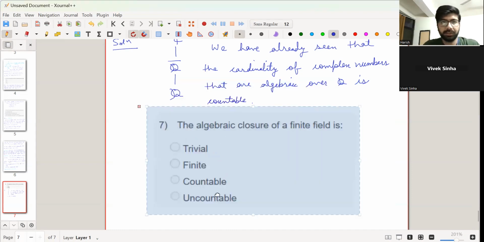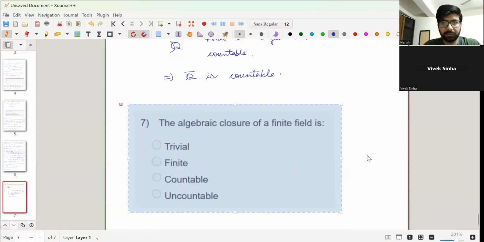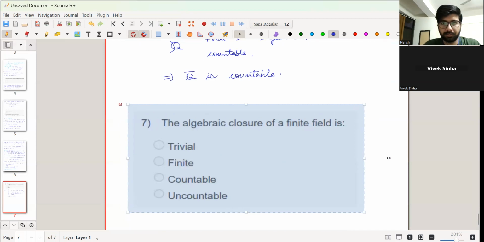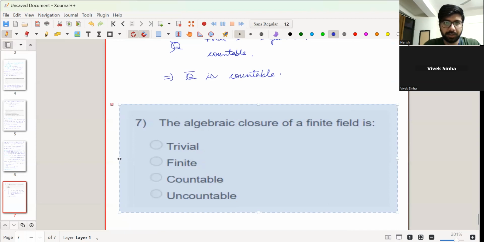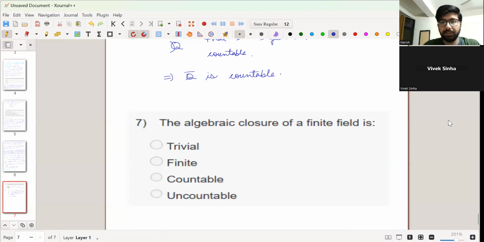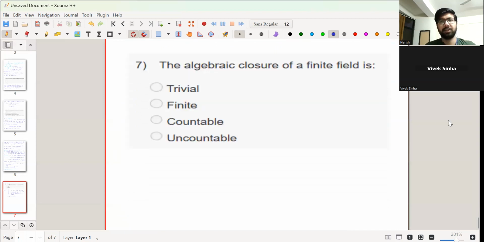Next question says the algebraic closure of a finite field is trivial, finite, uncountable, countable or uncountable. So this option is not true.